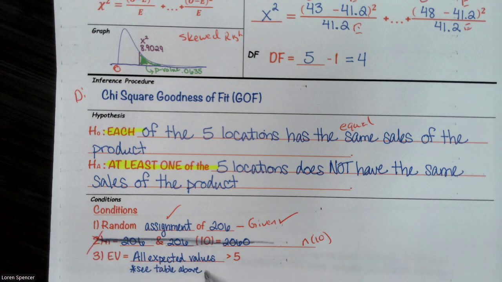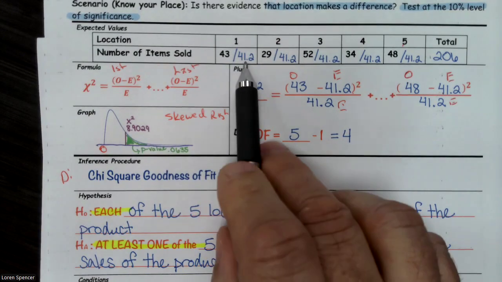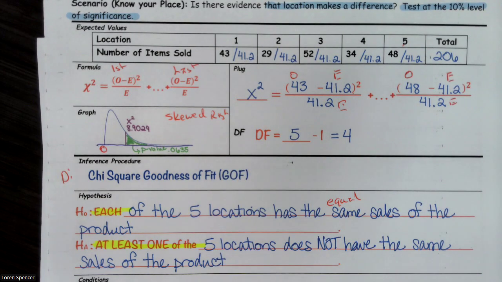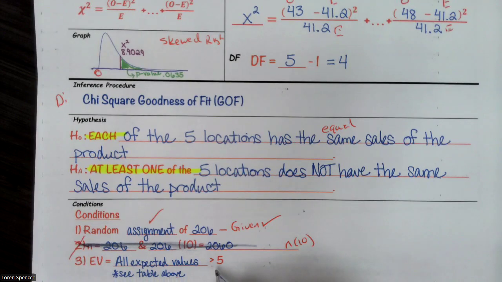Well, we're not going to sit there and do it twice, but we're going to see the table above. And what are our expected values? In this case, all of our expected values were 41.2. So our expected values of 41.2 are greater than 5. You don't need to write it down, but I'm going to this one time, 41.2, because they're all the same. 41.2 is greater than 5. All right, so all expected greater than 5. We can check that off as well.